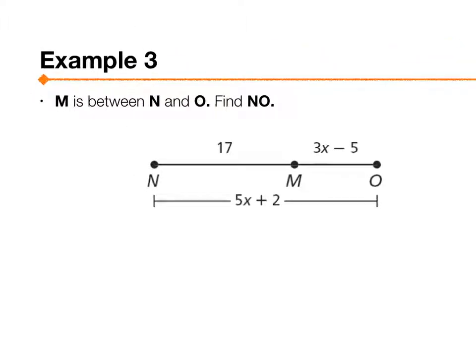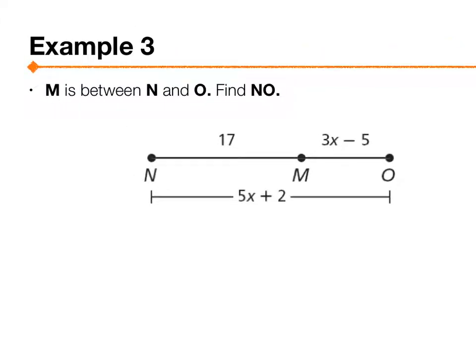Here's an example. M is between NO, find NO. So let's take NM, 17, and we would add MO, 3x minus 5, and that would be equal to the whole thing, which is 5x plus 2.